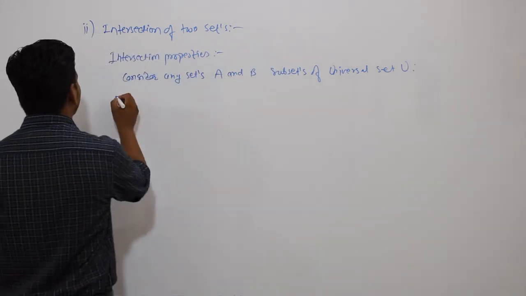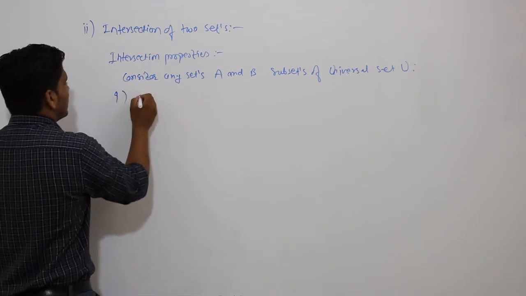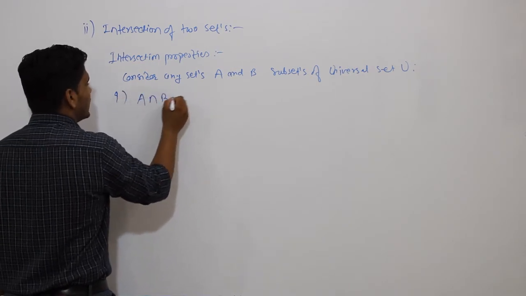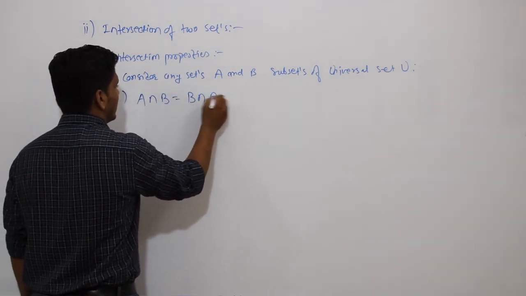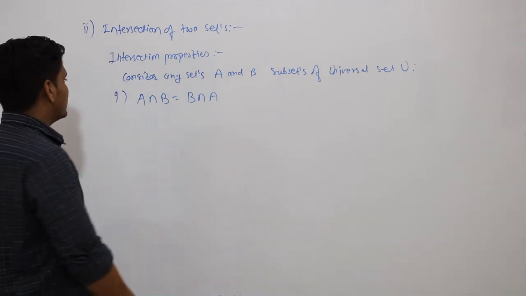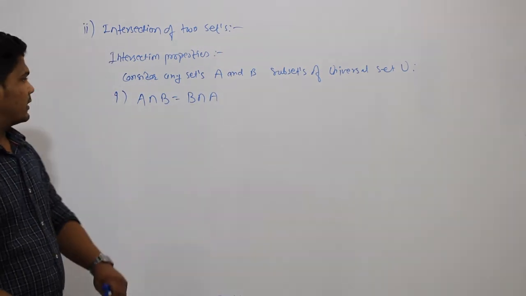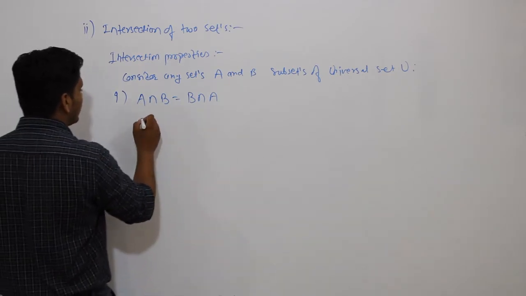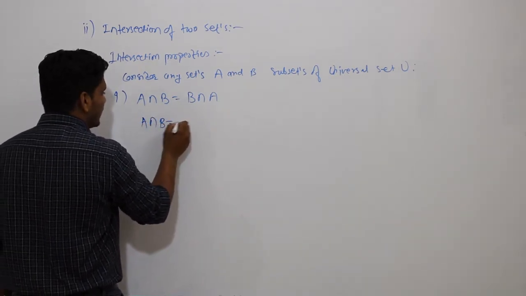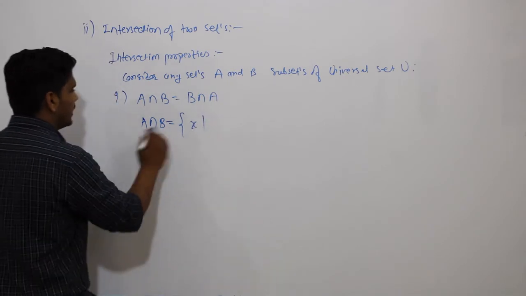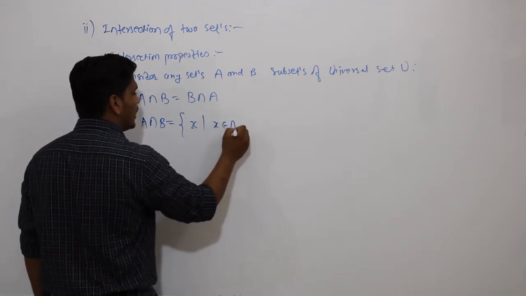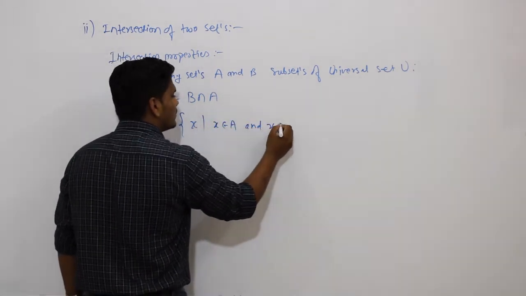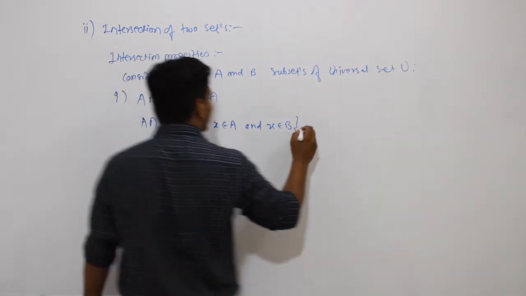The first property says A intersection B is nothing but B intersection A. That we will see, what will happen with this property. Now, what is A intersection B? A intersection B is nothing but X such that X belongs to A and X belongs to B. Okay, means what?